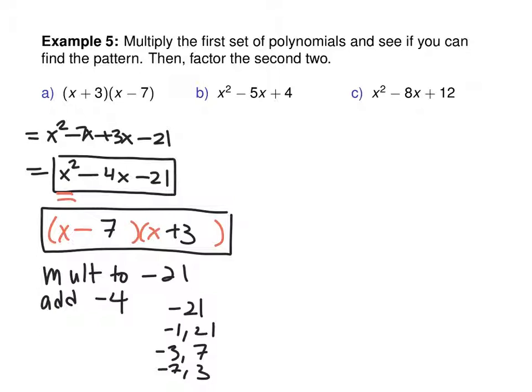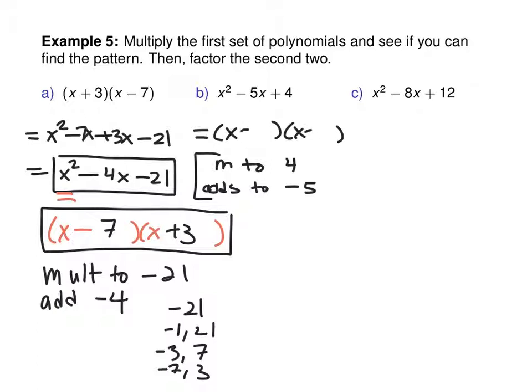Okay, so this one's going to be x and x, and you think what multiplies to 4 and what adds to negative 5. If two numbers multiply to make a positive but add to a negative, they're both negative.